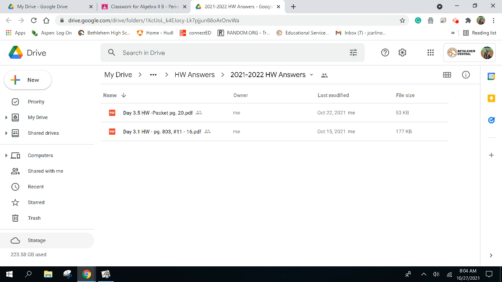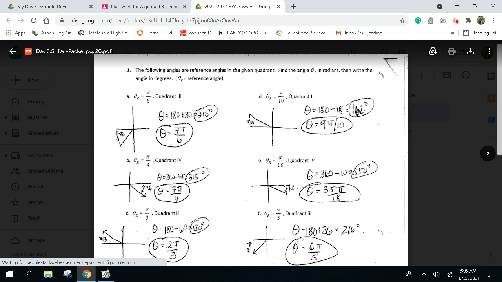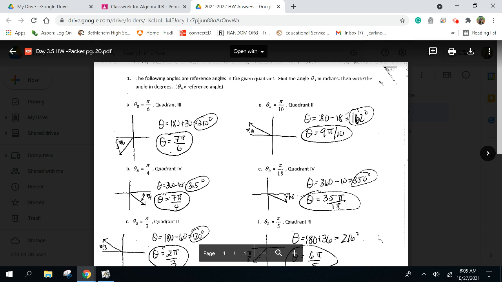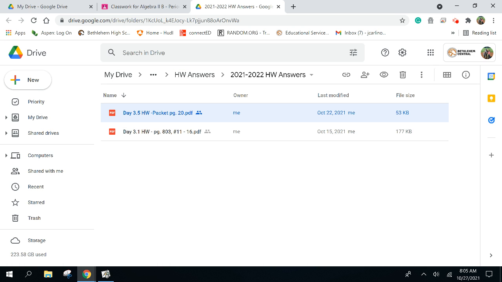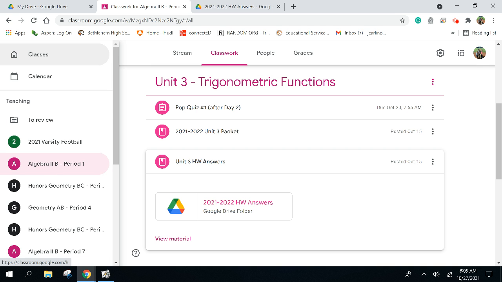Oh, I gotta put it in there. So I gotta put them in there. Huh? Yeah, I know.